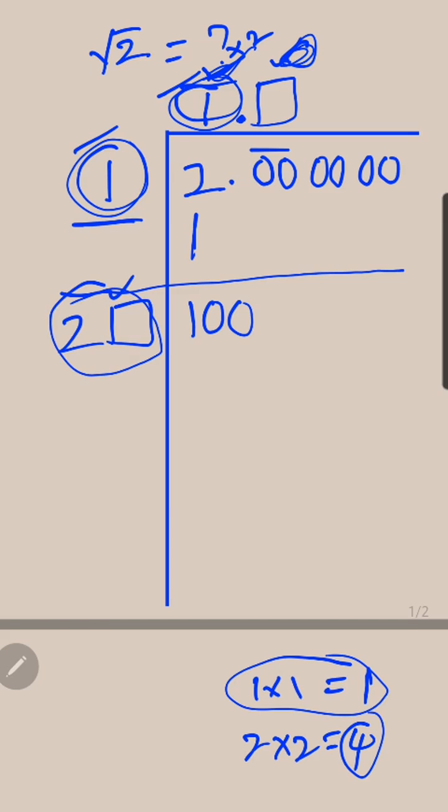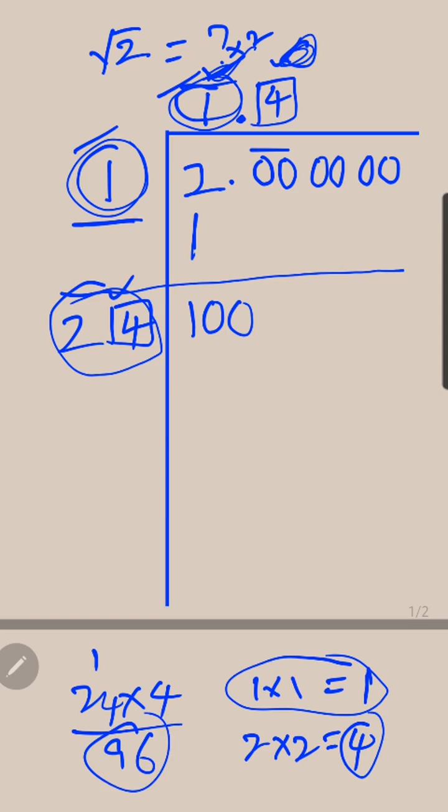For example, if I take 4 here and here, then with 4 we have to multiply 24 into 4. So 24 into 4 how much? 4 4s are 16 and 4 2s are 8, 96.